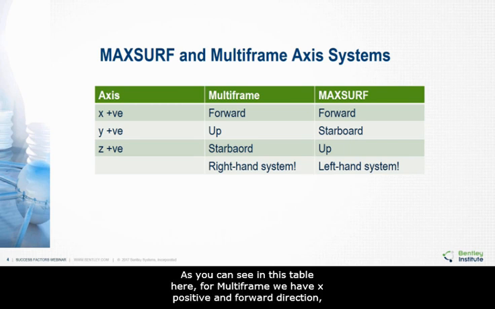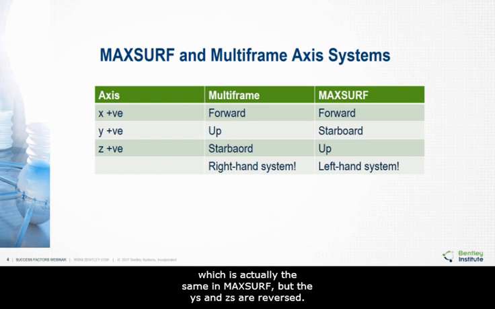As you can see in this table here, for MultiFrame we have X positive in forward direction, which is actually the same in MAXSURF, but the Y's and Z's are reversed. Y is the up direction in MultiFrame, whereas Z is up in MAXSURF, and vice versa to the direction to starboard. It should also be noted that MultiFrame is a right-hand axis system and MAXSURF is a left-hand axis system.